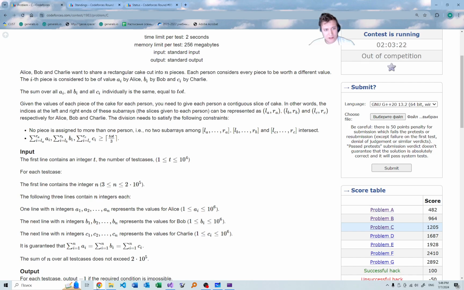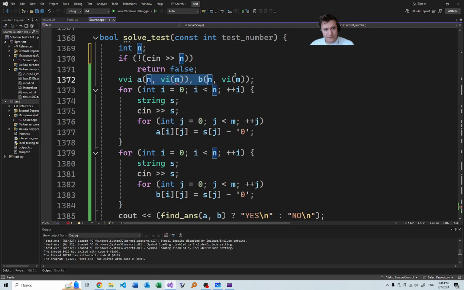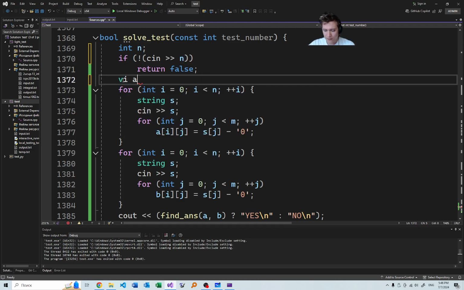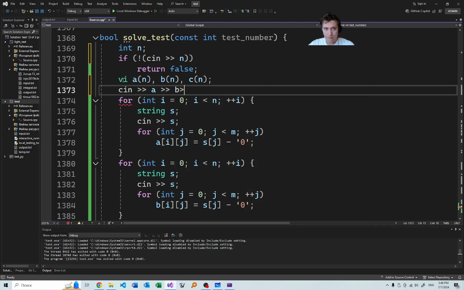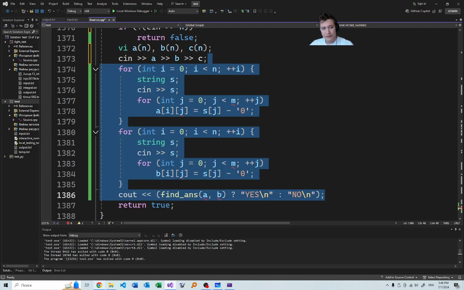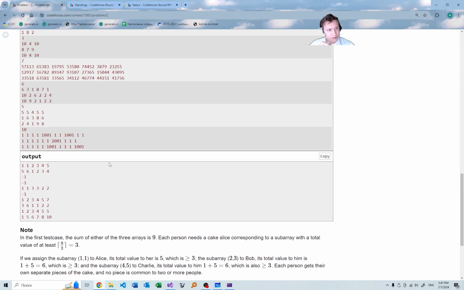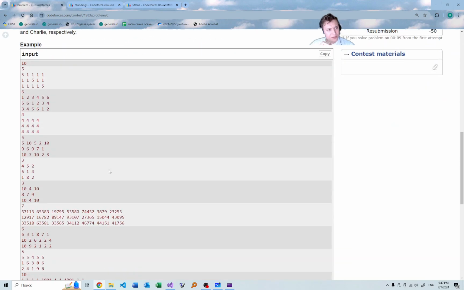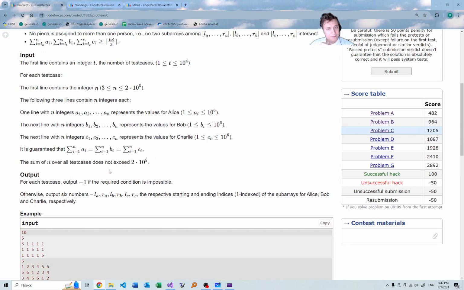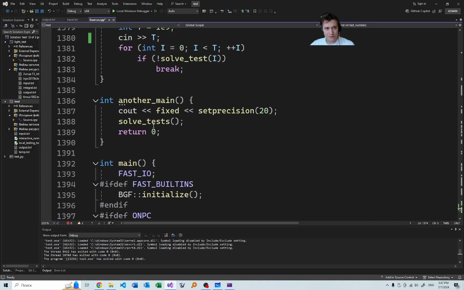And then read 3 arrays. Do I need to print yes? What do I need to print? I need to print starting and ending indices. Okay.